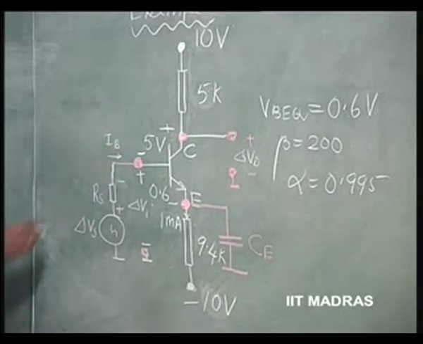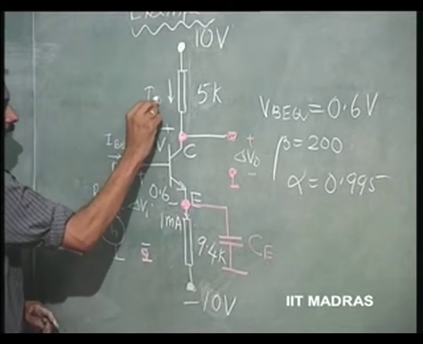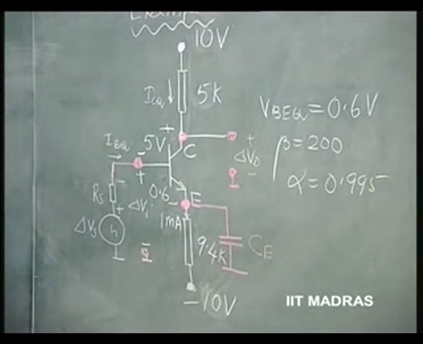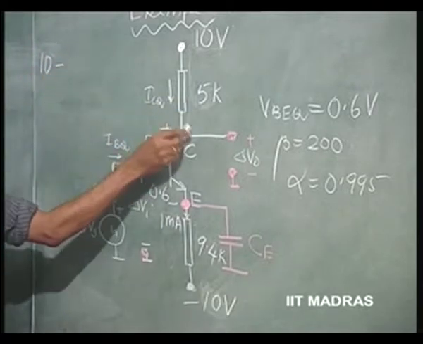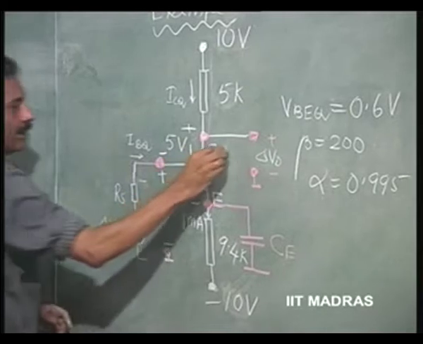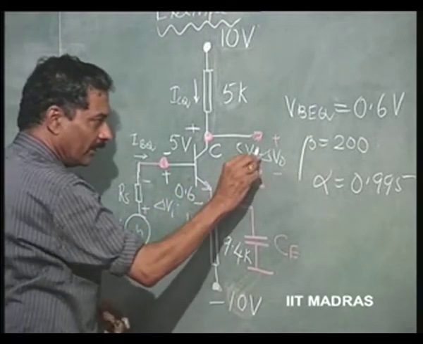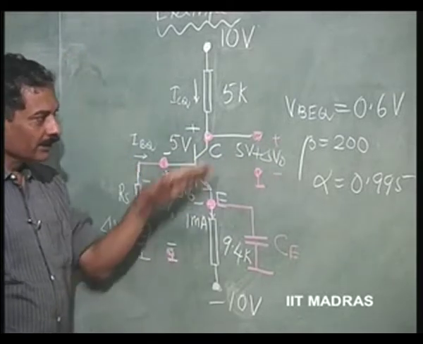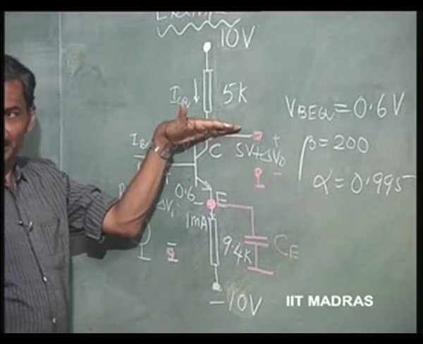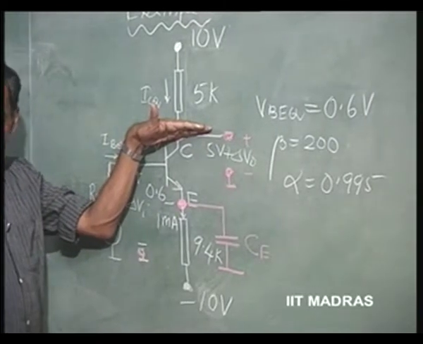IBQ is the quiescent current. Here we have ICQ flowing. So, 10 minus ICQ into this resistance is very nearly equal to 5 volts, VCQ. So, around 5 volts you will have this plus delta V naught. This 5 volts is the quiescent output voltage. Around this 5 volts, delta V naught is going to be available.